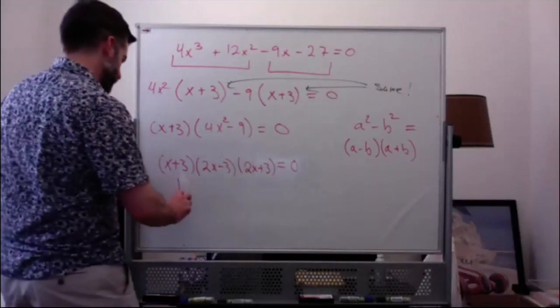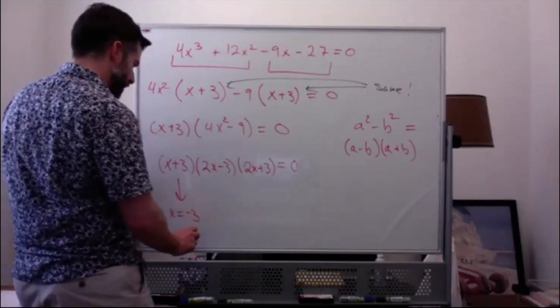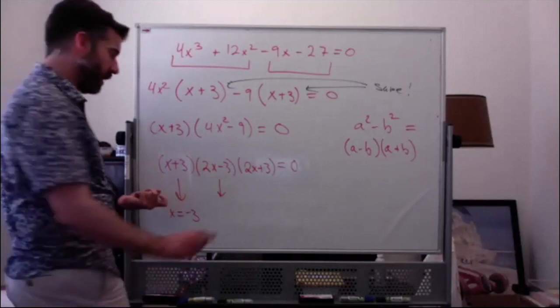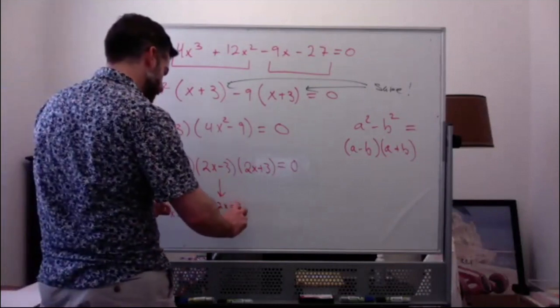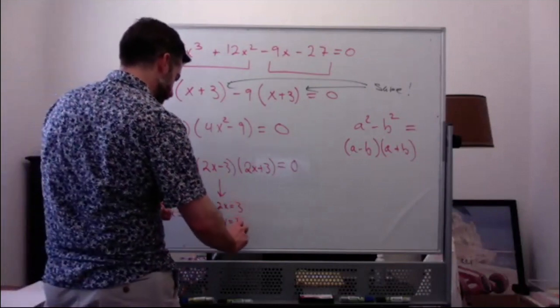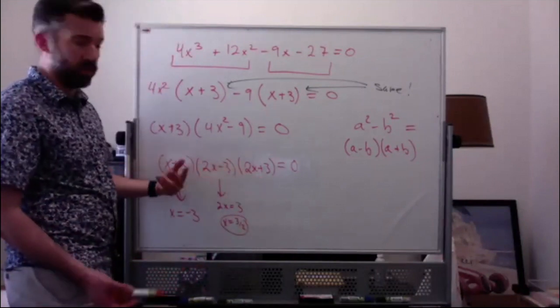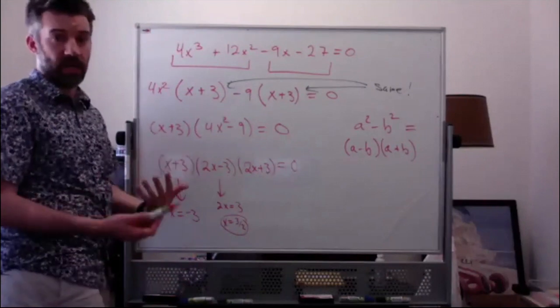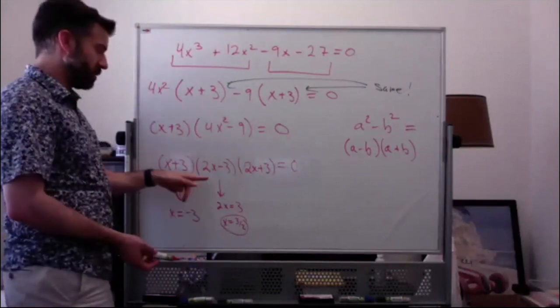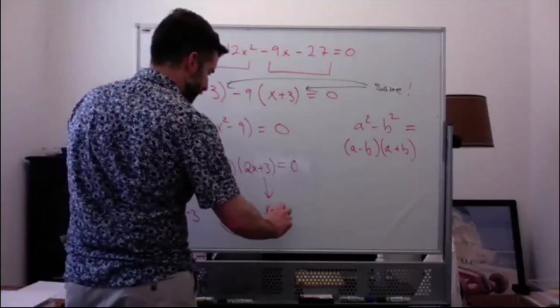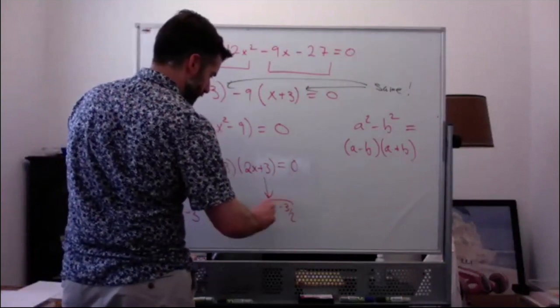If I set 2x minus 3 equal to 0, I get 2x equal to 3, I get x equal to 3 halves. And conjugates always have opposite sign solutions. So if x equals 3 halves is a solution to this, we know that x equal to negative 3 halves is going to be a solution to that factor.